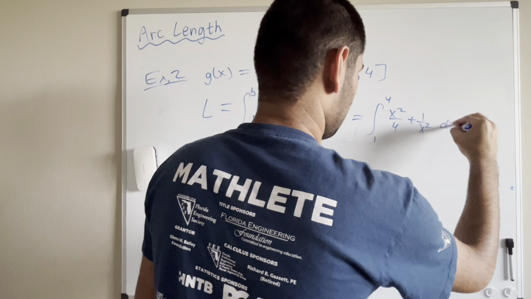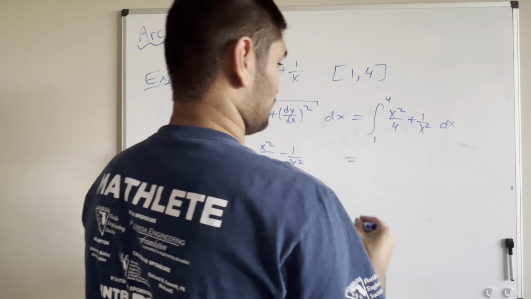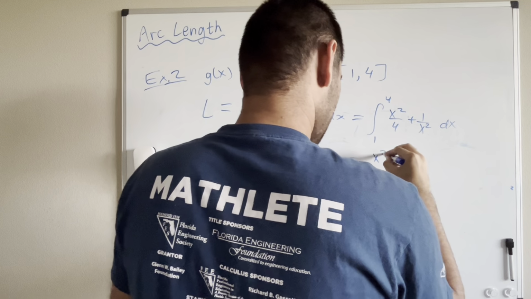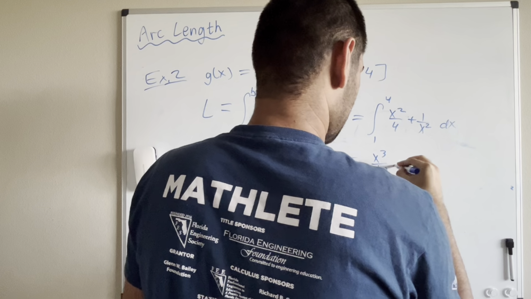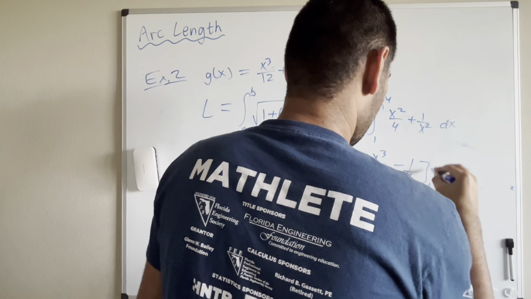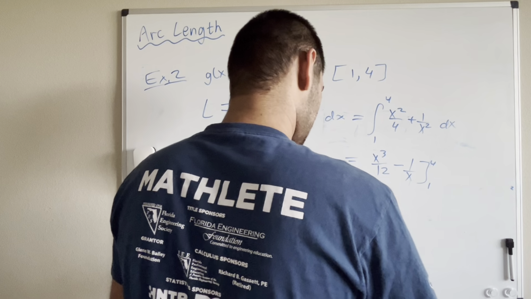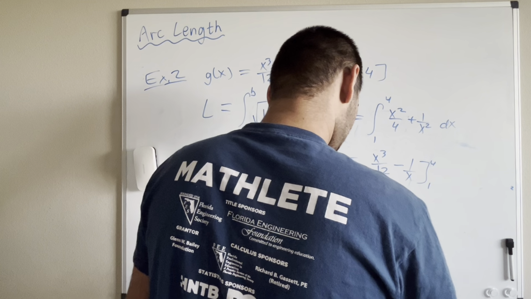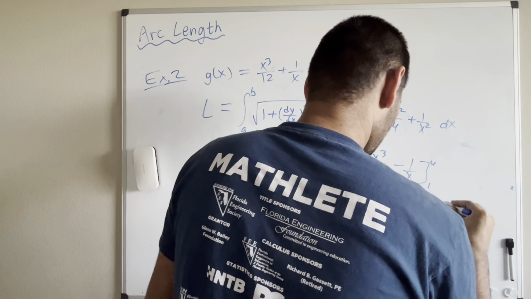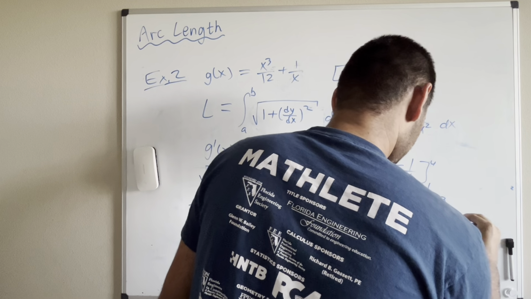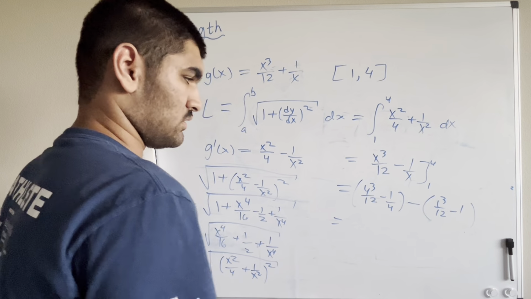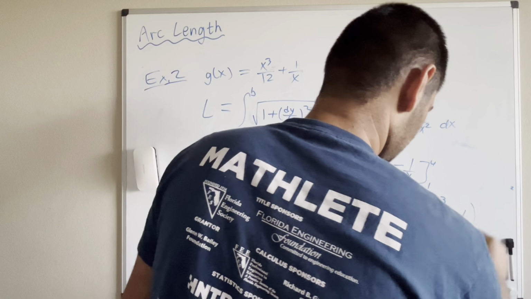Alright, so let's see. Here we can just do power rule, and then again just power rule, and then we're evaluating it from 1 to 4. So you get 4 cubed over 12 minus 1 over 4 minus 1 cubed over 12 minus 1. Minus 1. Alright.